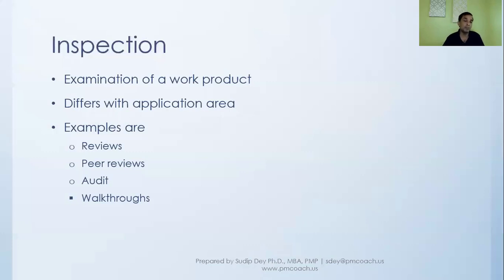They keep checking that we are on the right track and that things are going according to plan. And again, the way the inspection is done is different. For example, in construction, the inspection will be different from software or some other industry.